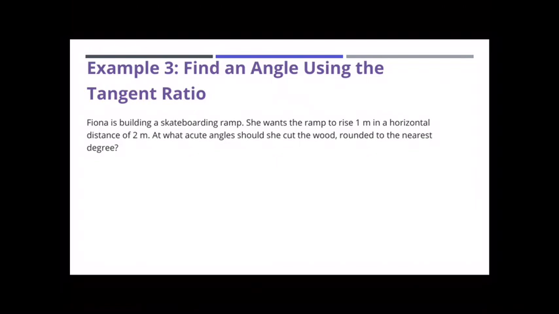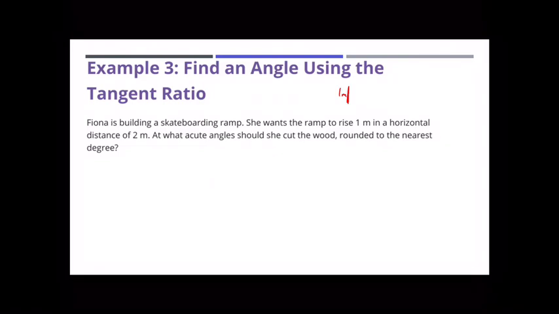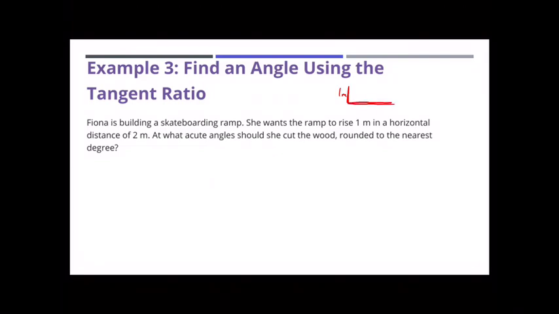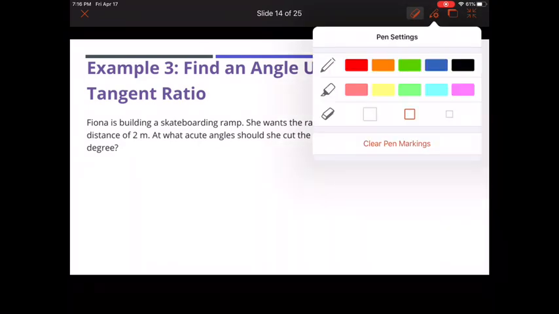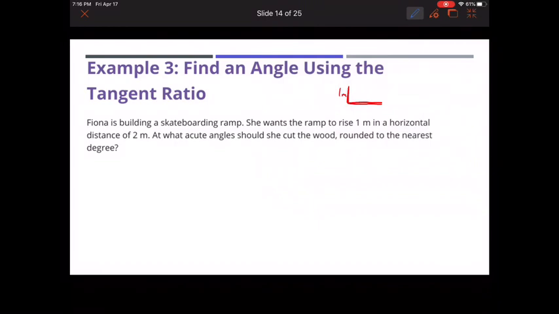Example 3. Fiona is building a skateboard ramp. She wants the ramp to be 1 meter high and a horizontal distance of 2 meters. So we've got 1 meter high, and 2 meters, obviously rise over run, and we've got a right angle there.